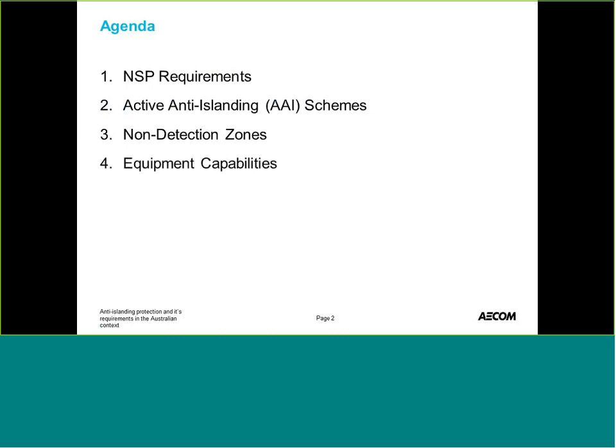Look at some of the equipment capabilities. Also touch on the requirements for modelling and how important it is to consider active schemes when doing modelling, in particular generator performance standards development. And also then provide a quick summary of the main points and topics discussed today. If you have questions, please hold them to the end. Happy to take the questions after the presentation.